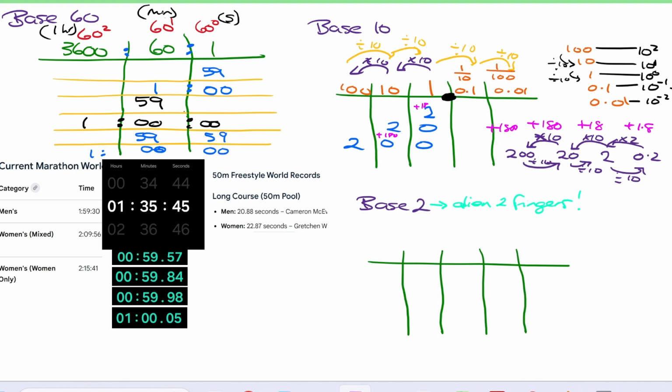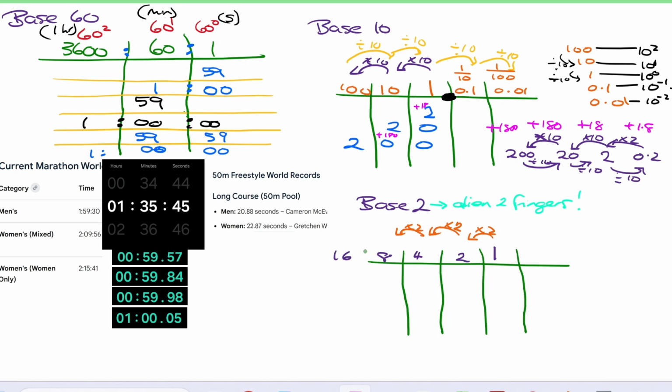So when I have base 2, again, I've got 1 because I always need to be able to count 1. But this time, it's about multiplying by 2, and again by 2, and again by 2. Right, so this time I get 1, 2, 4, 8, 16, and so on.